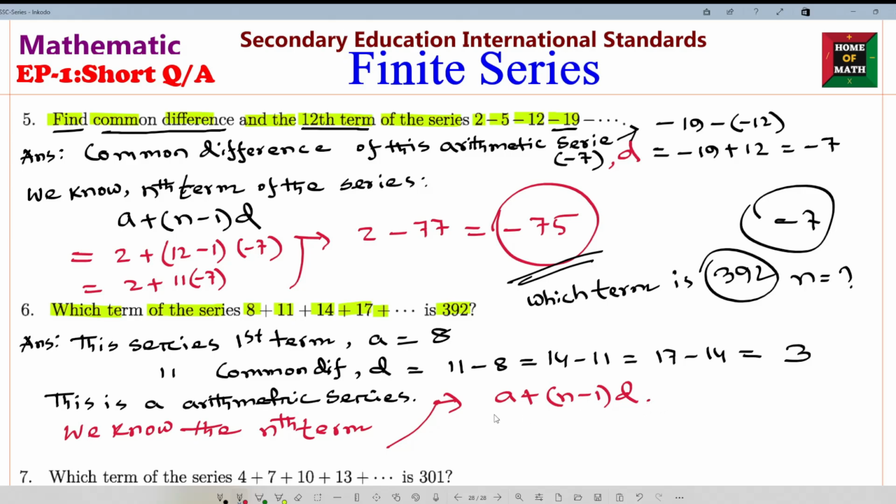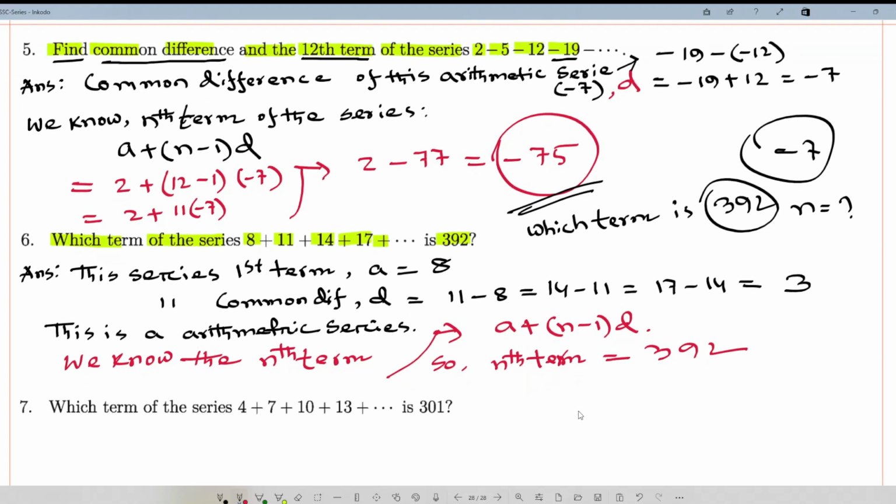Okay, so nth term equals to 392. We have to know about n. So we can write like this.